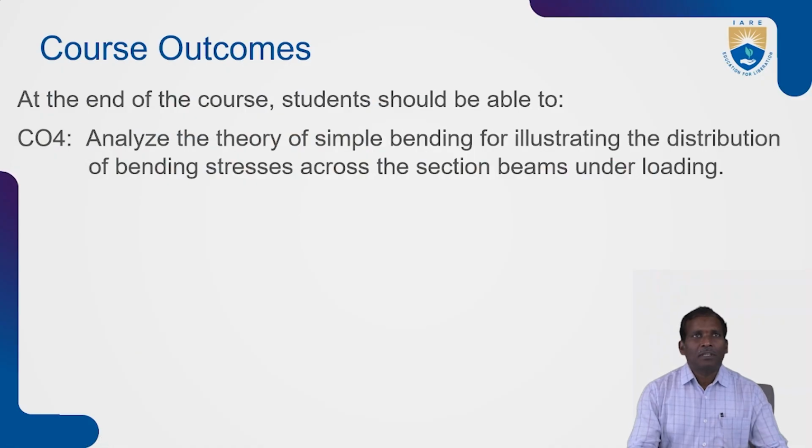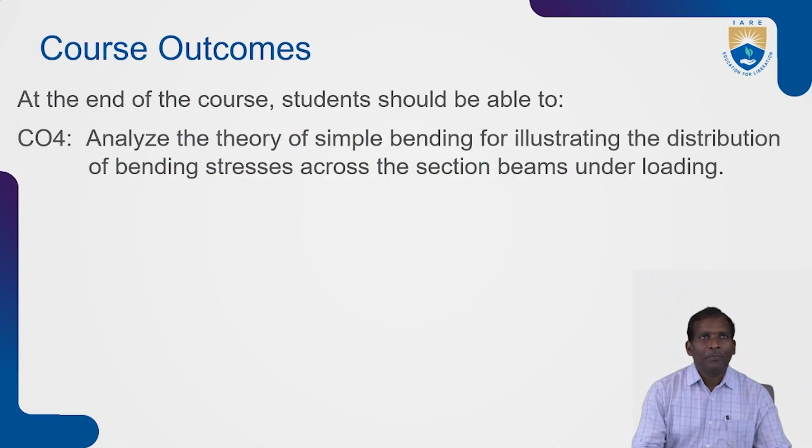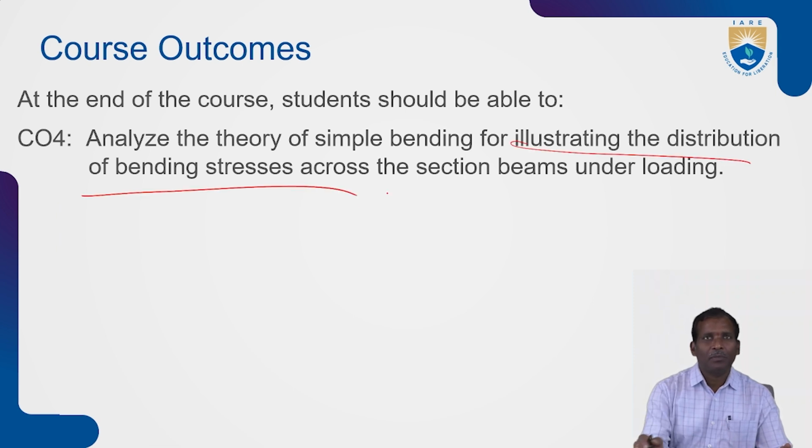First we will see the outcome of this topic. At the end of the course, the student should be able to analyze the theory of simple bending for illustrating the distribution of bending stresses across the section of beams under loading.